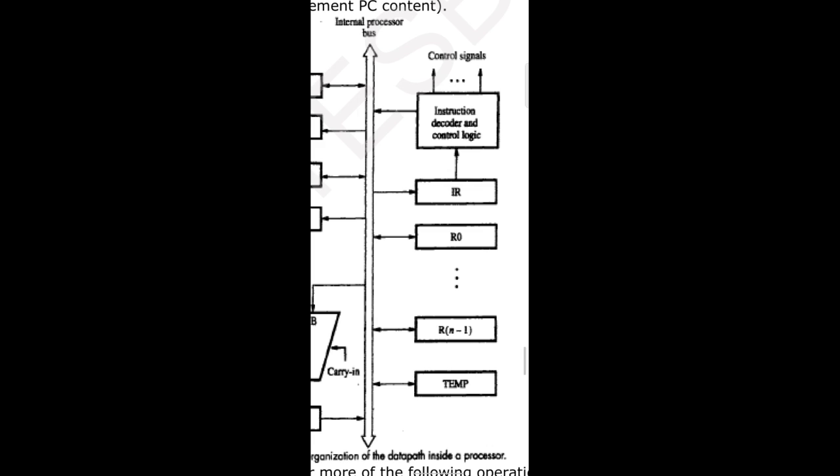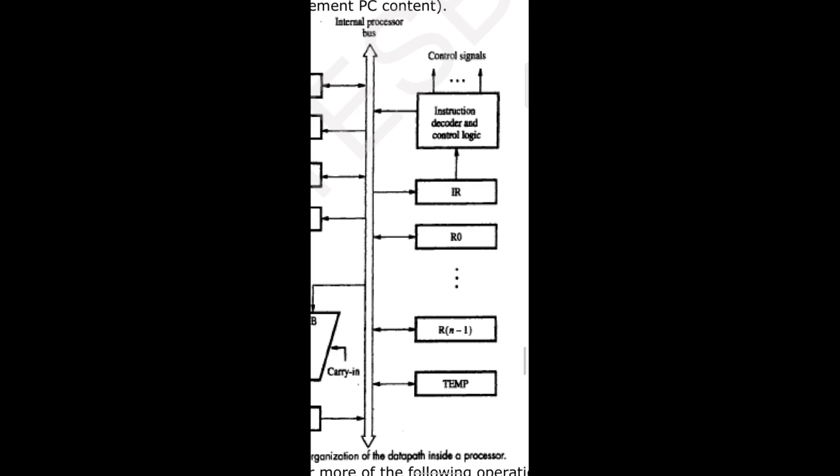There are n general purpose registers apart from X, Y and Z. They are R0 to Rn minus 1, as you can see, right?